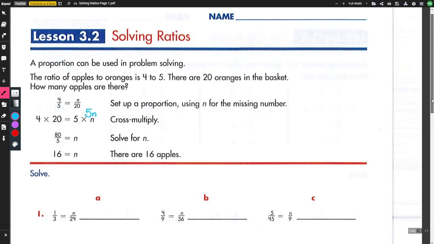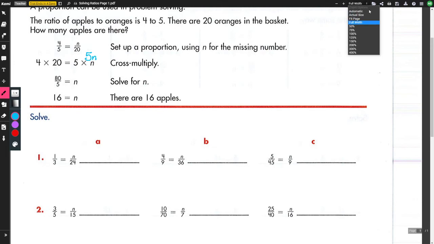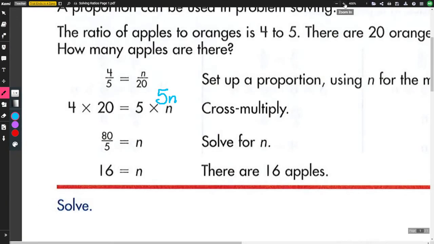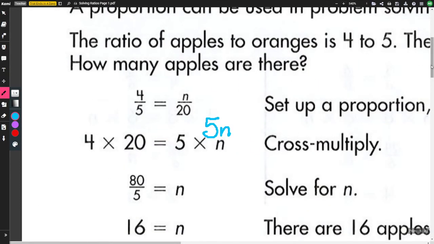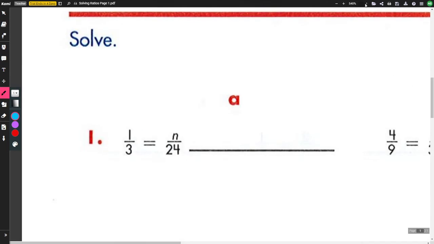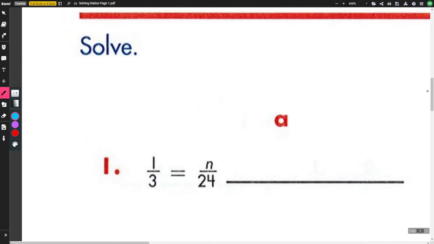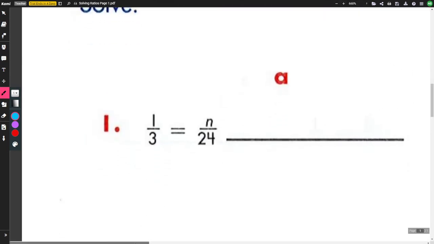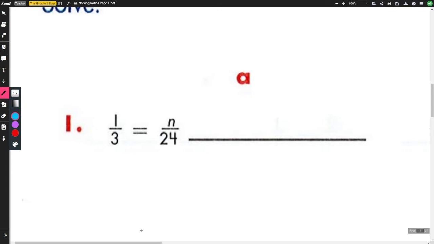So we're going to start off with the first row. I'm going to zoom in really close, so I'm just focusing on one problem. Okay, there we go. Our first problem here is 1/3 equals n/24.